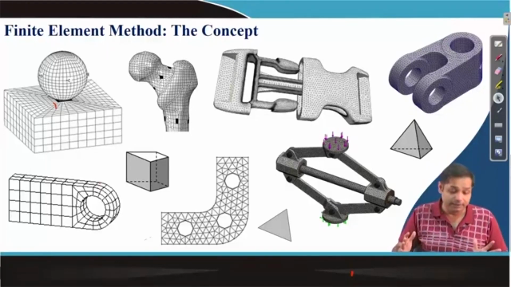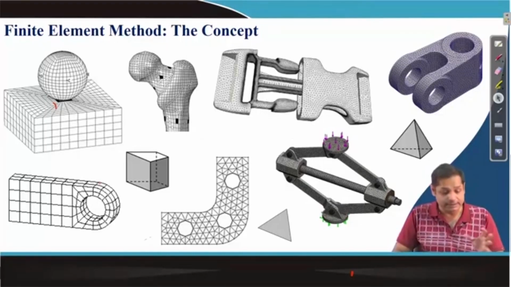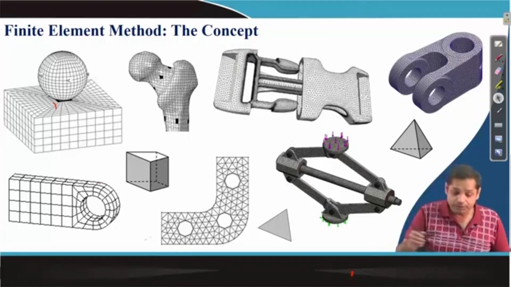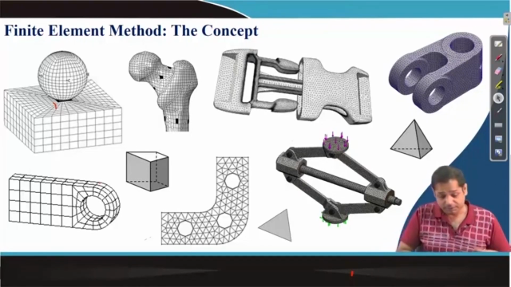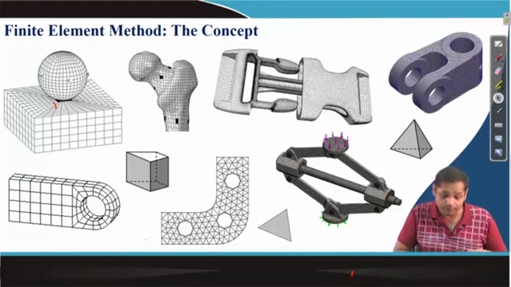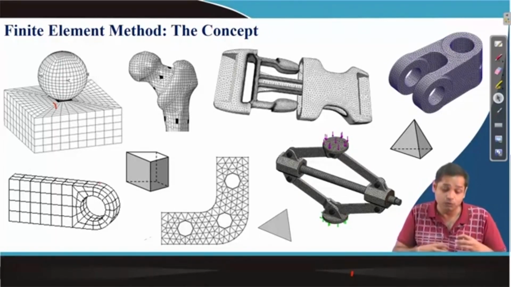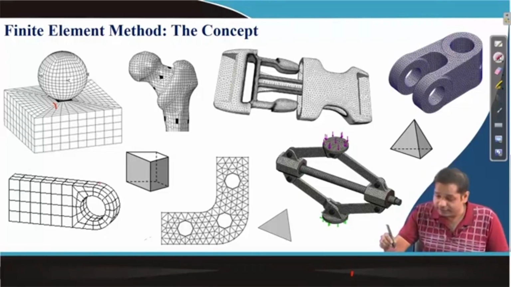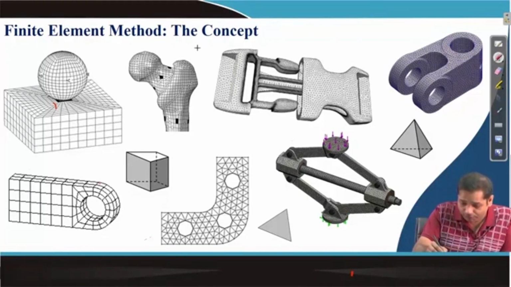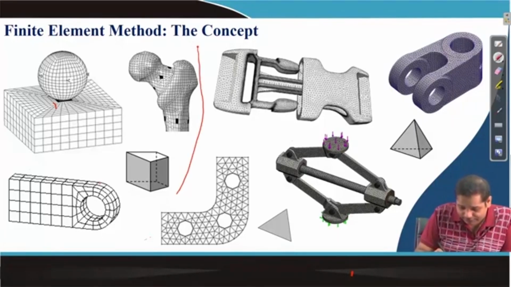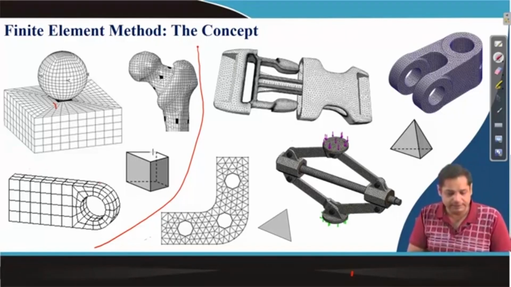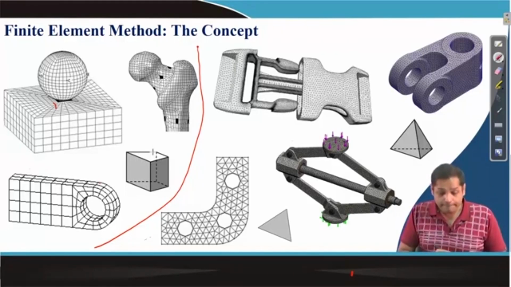So here the entire surface and the spherical ball are discretized. In this case, it is a 3D bracket. The bracket is discretized. Here also it is the human femur bone, and if you want to analyze it, it is discretized. All these three are 3D problems. For all these discretizations, these elements are used.